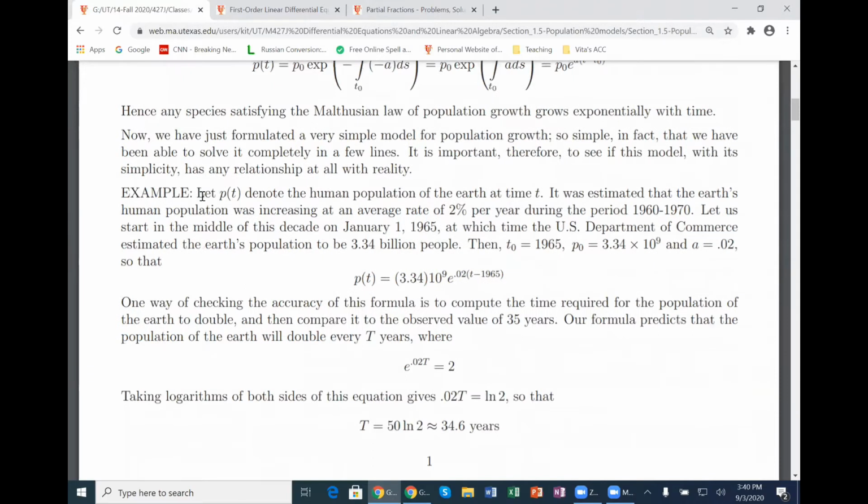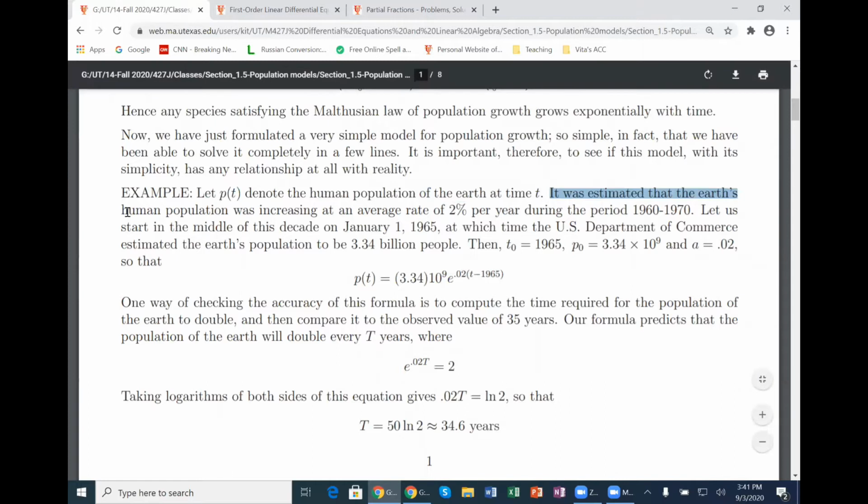Let P of t denote the human population of the Earth at time t. It was estimated that the Earth human population was increasing at an average rate of 2% per year during this period.